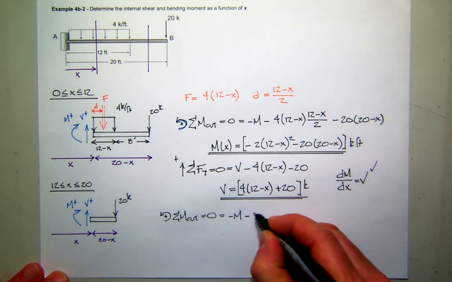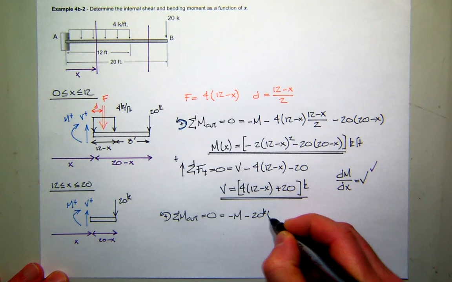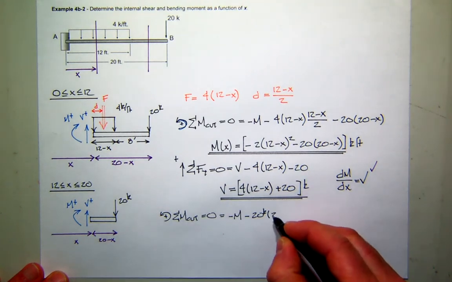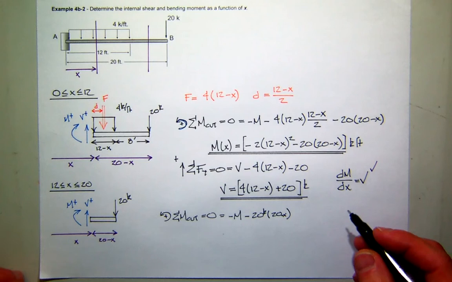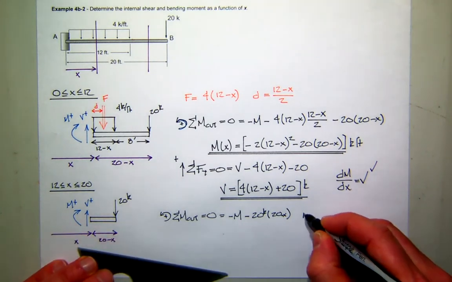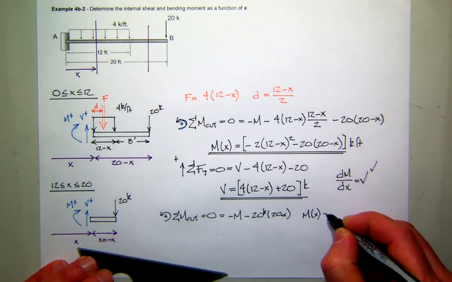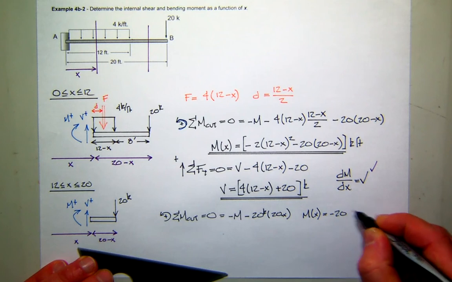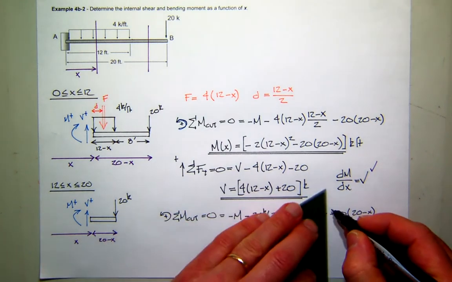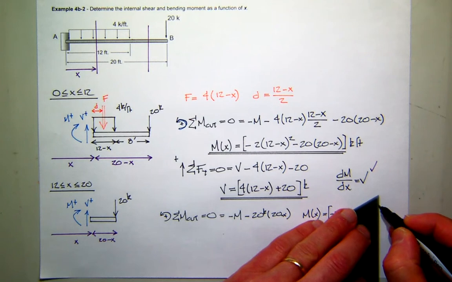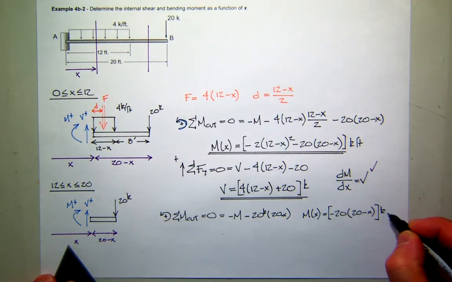Also negative, so that's going to be 20 kips, and the moment arm is 20 minus x. So it looks like the moment as a function of x is negative 20 times 20 minus x, and those all have the units of kip feet.